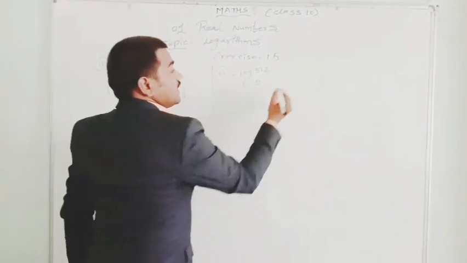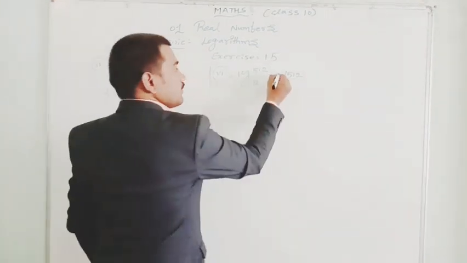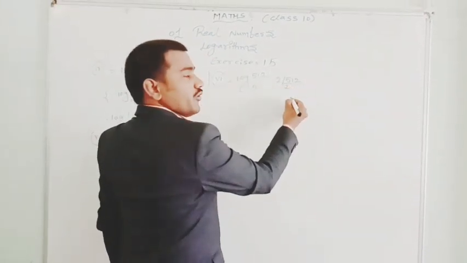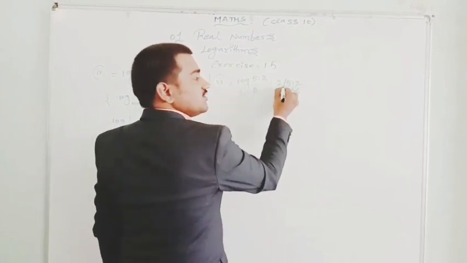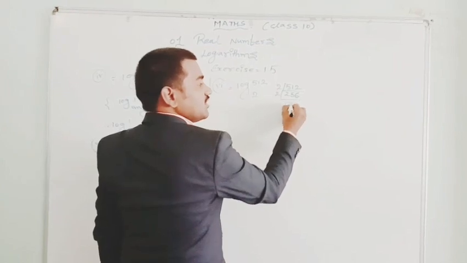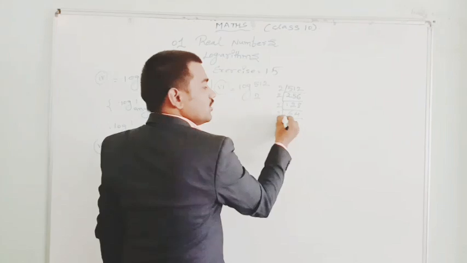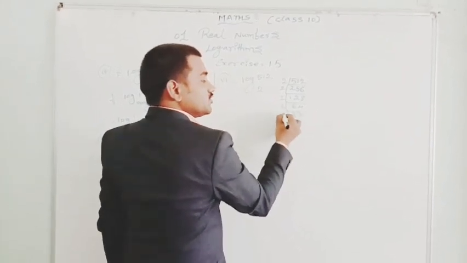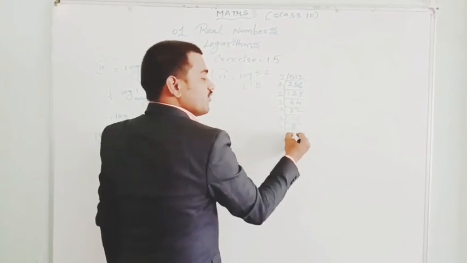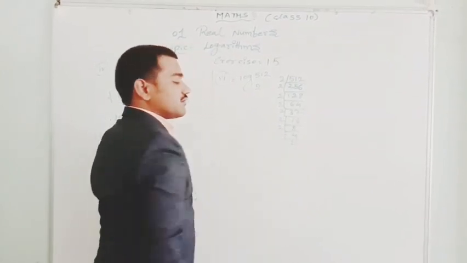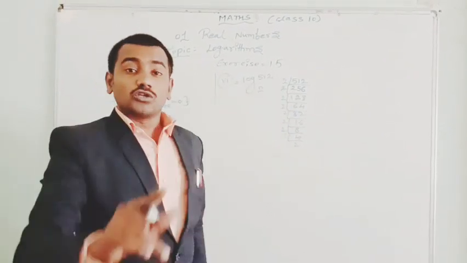Here, let's factorize 512 by 2. 2 2s are 4, 2 5s are 10, 2 6s are 12, 2 8s are 16, 2 4s are 8, 2 2s are 4. Counting the 2s: 1 2 3 4 5 6 7 8 9. So 2 to the power of 9.